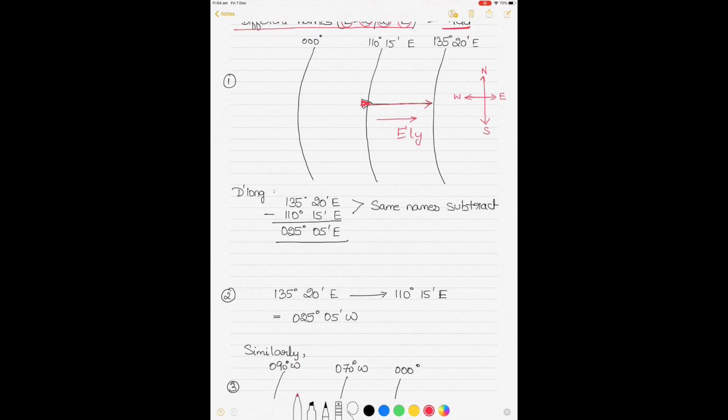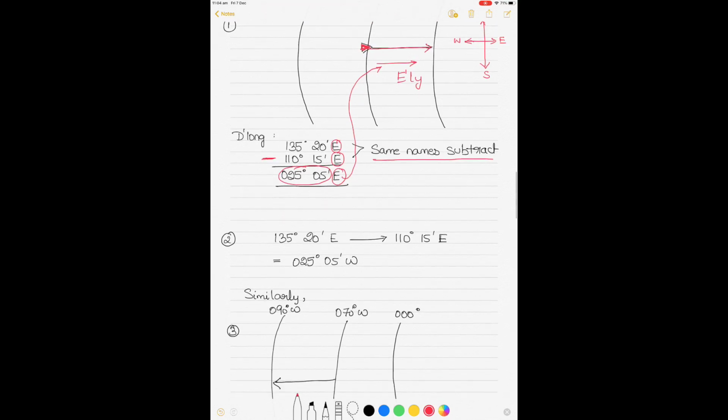Since both the longitudes, that is the longitude of departure and arrival, are in the same east longitude, you will use the rule same names, subtract. Although the vessel is traveling from a smaller longitude of 110 degrees and 15 minutes to a bigger longitude of 135 degrees 20 minutes, because you will be subtracting the two values, you can always take the bigger value first and then put in the smaller value in the calculator. The answer that you will get is 025 degrees 5 minutes, and you will name the Dlong east because the vessel is traveling in an easterly direction.